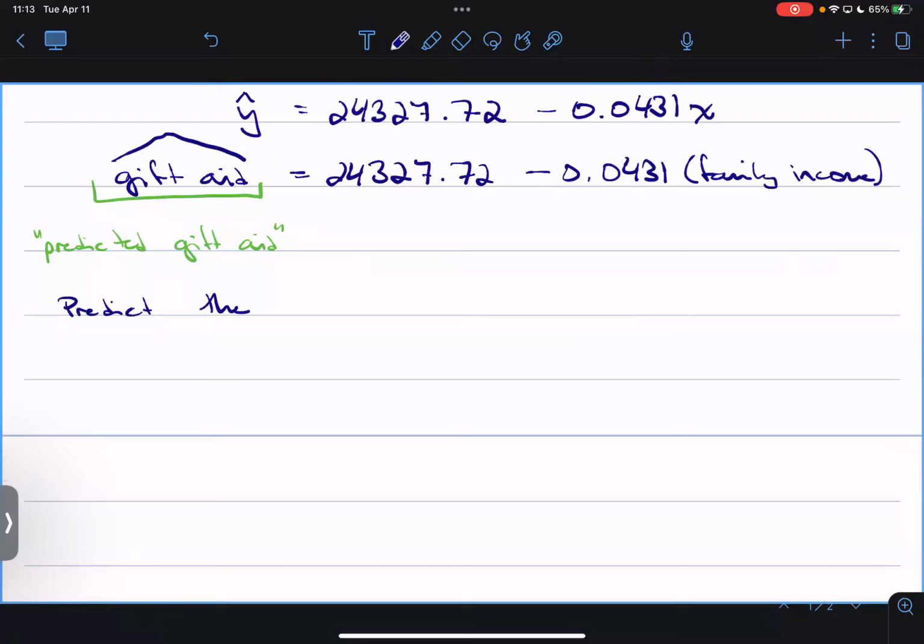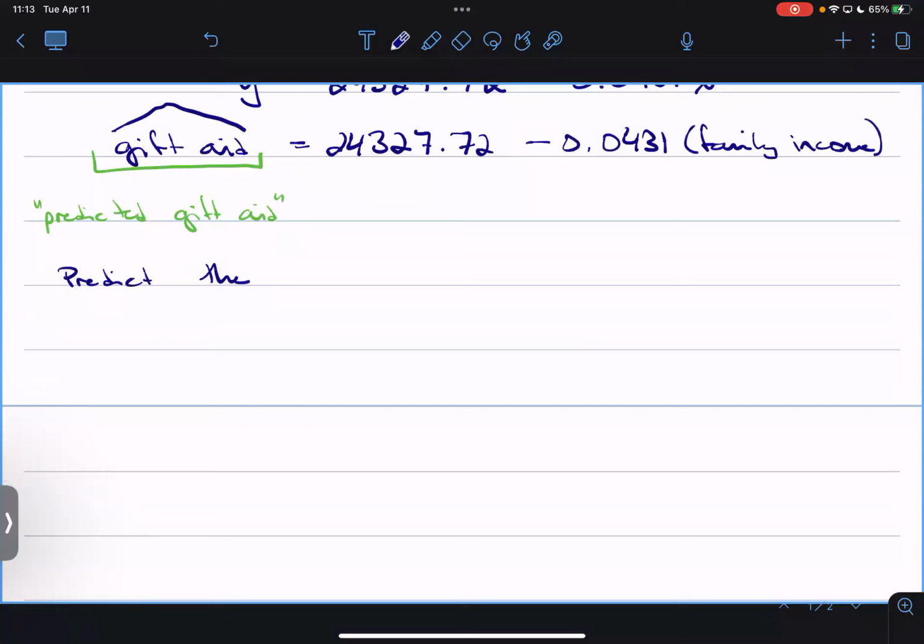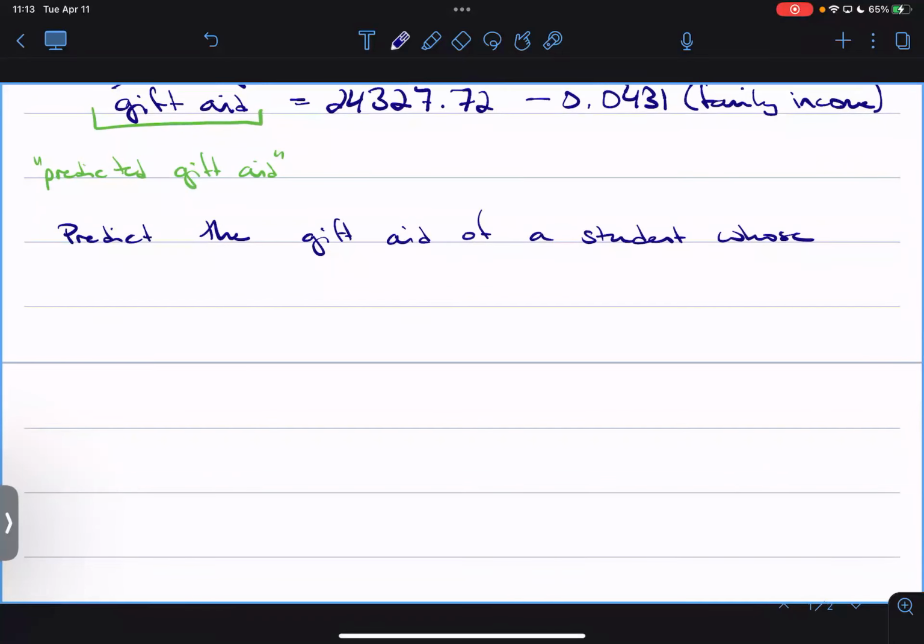Let's see here, constantly jumping around. Something else I wanted to do. I don't have anything. Okay. Predict the gift aid of a student whose family income is 100,000 per year.